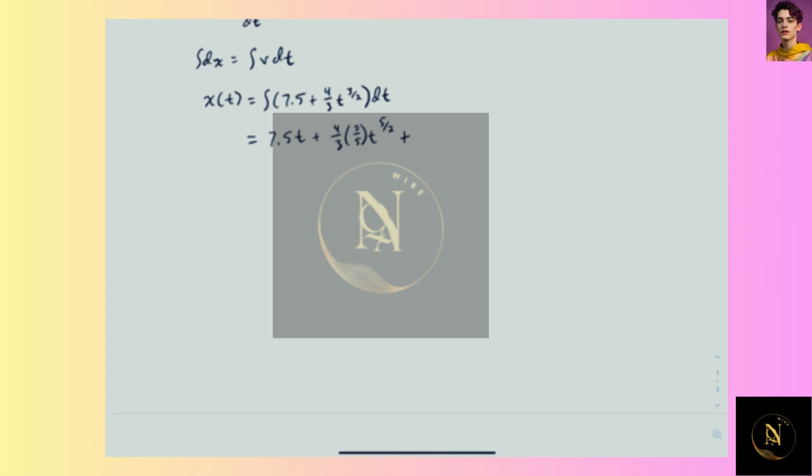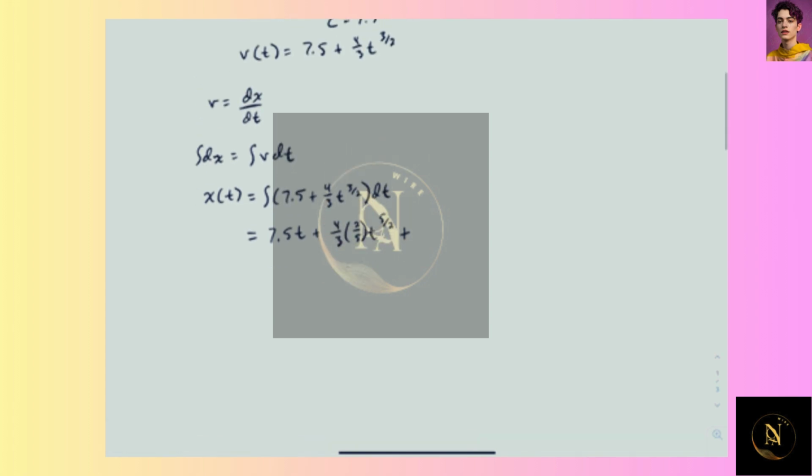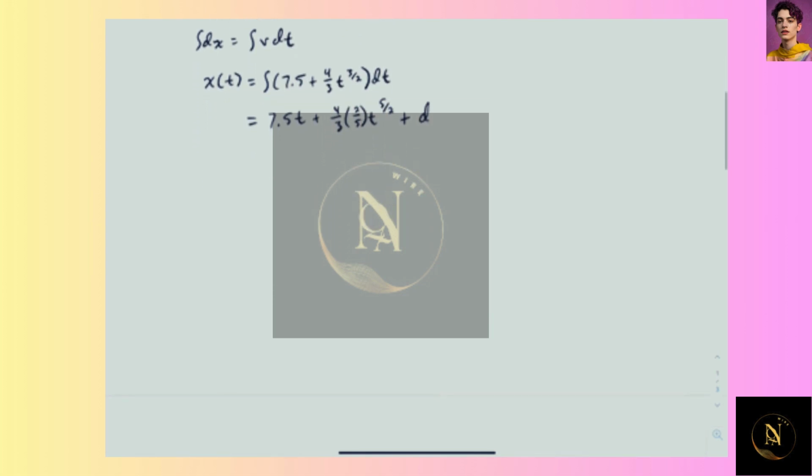And instead of c, because we used c in the last part, I'm just going to use d. It's a different constant, but it doesn't matter. And so we know our position function is going to look like this. This is going to be 8/15 t to the 5/2 plus d.